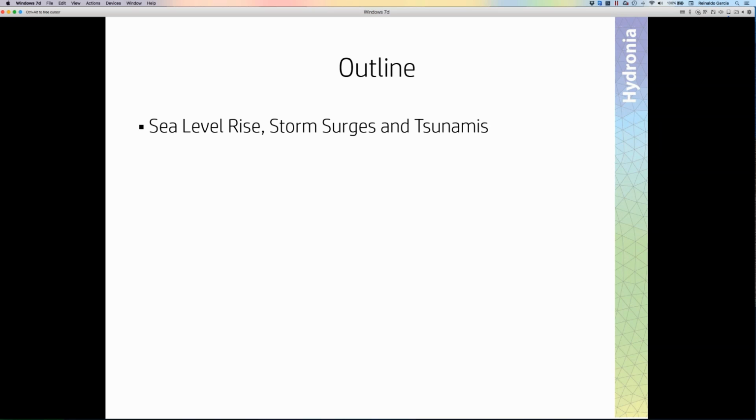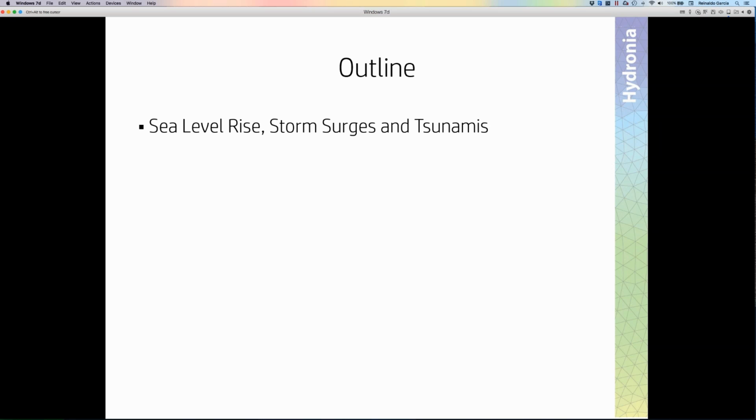However, one of the purposes of this webinar is to demonstrate that the River Flow 2D model is actually a shallow water equation model that is able to handle coastal flooding with the same accuracy that it can handle riverine and floodplain flooding. So that's mainly the initial motivation of the webinar.